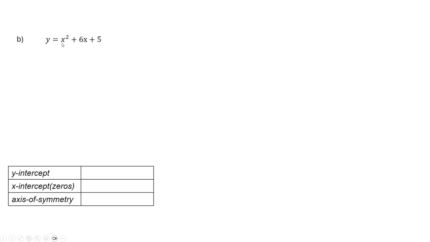In this equation, y equals x squared plus 6x plus 5. Again, we're asked to find the y-intercept, the x-intercepts, and the axis of symmetry. Our y-intercept is simply 5.